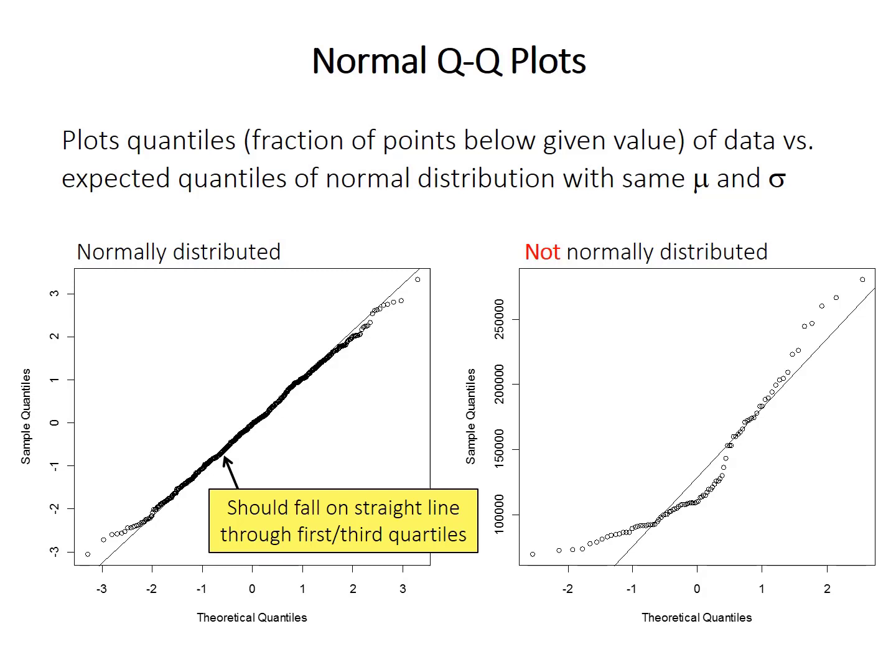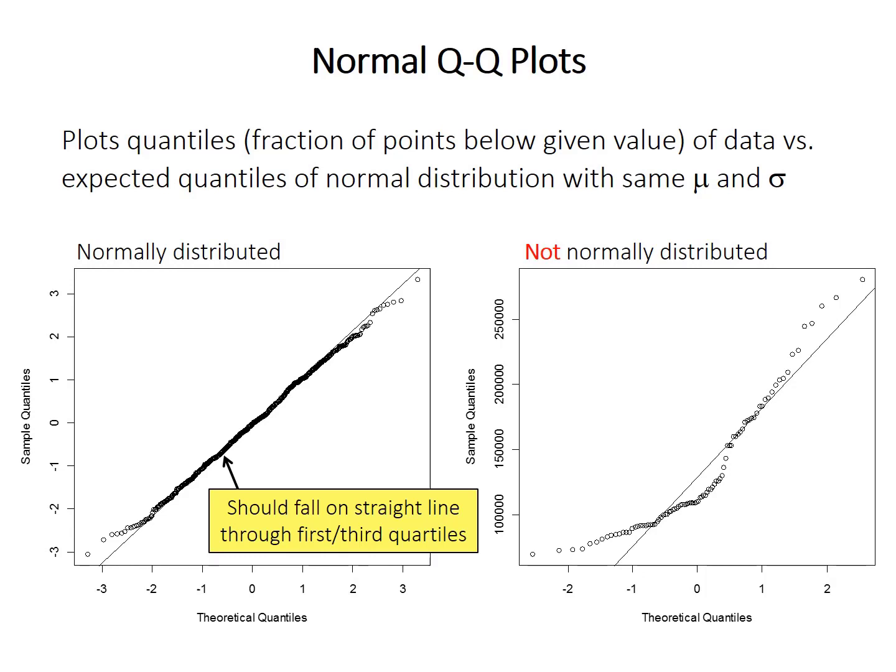A quantile is just a fraction of points smaller than a given value. So the x-axis is what you would expect for a normal distribution with the same mean and standard deviation as the data. If the data are normally distributed, the points should follow along this straight line, especially in the middle of the distribution. The tails, where the data is kind of sparse, are a little less important.